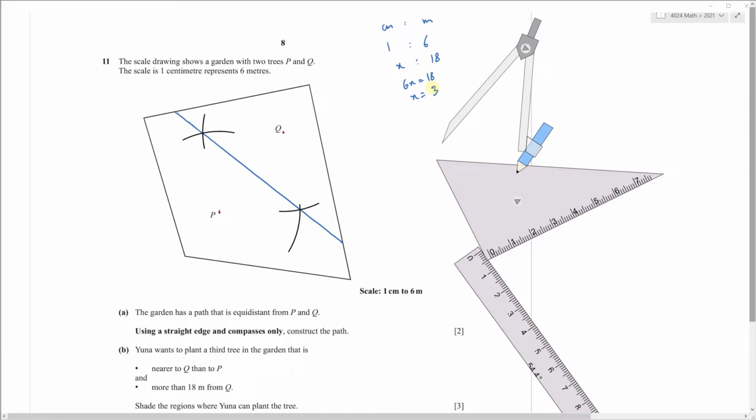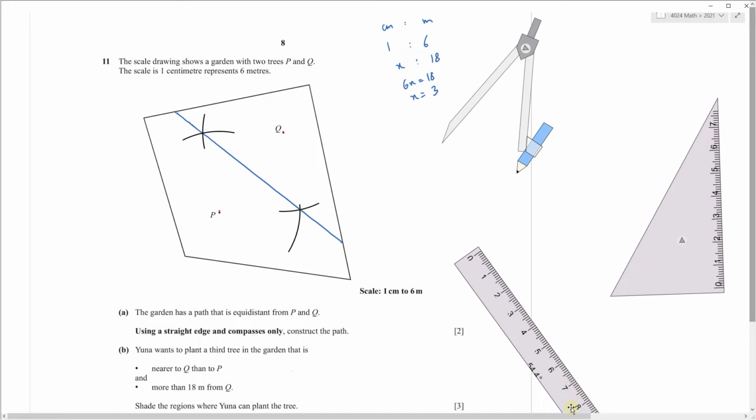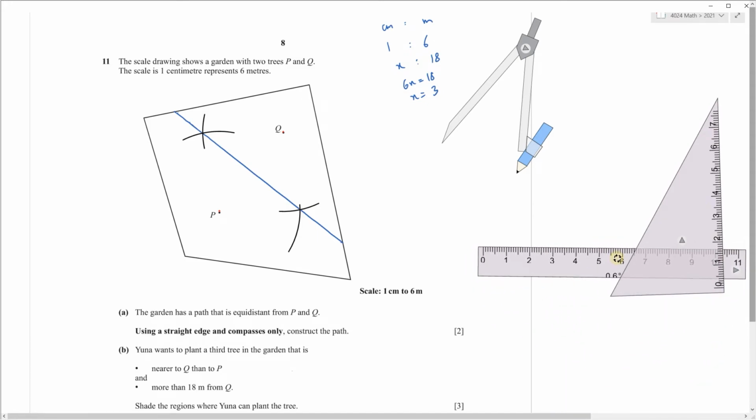So now you have to draw a circle of radius 3 centimeters around Q, which will give you the points that are 3 centimeters on this drawing, but in the real world 18 meters from Q. So let me get this out of the way. I'll use my compass to draw this circle.